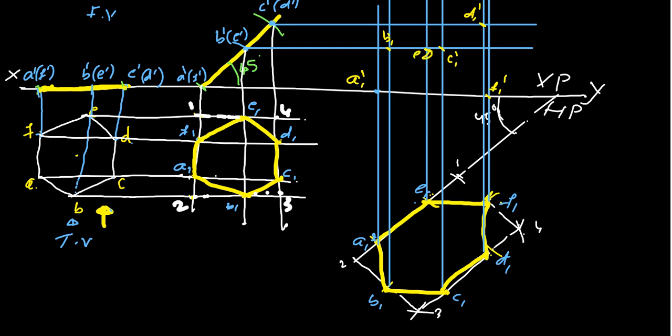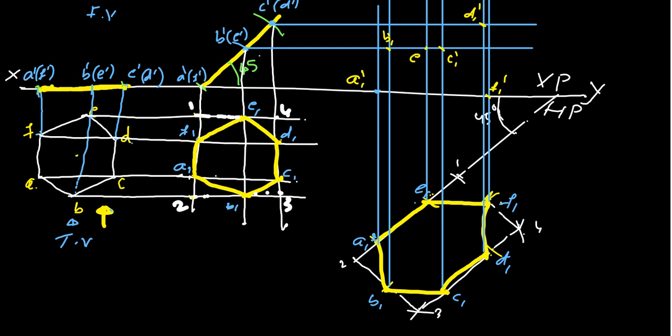So A and B, B to C, C to D, something is not coming accurately, but yeah, this point we have marked as E1.